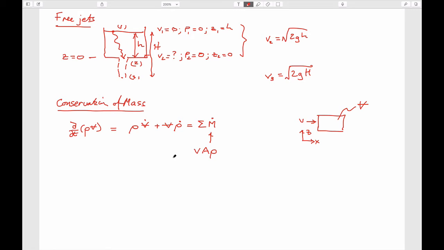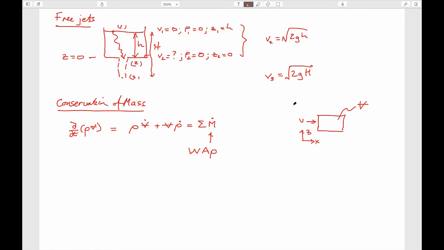And so that's always worthwhile doing. Let me rewrite that with this velocity being a velocity w rather than a v, for reasons that will become apparent.